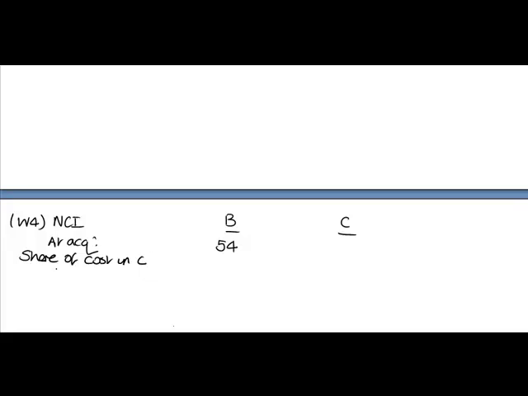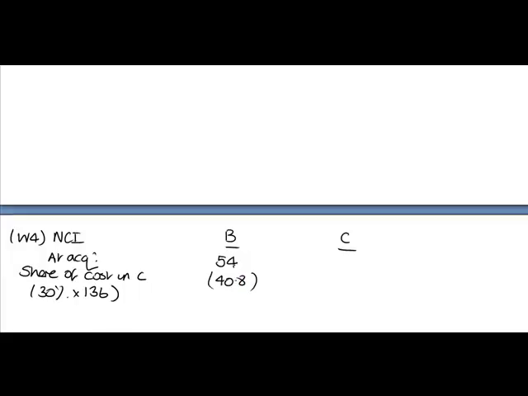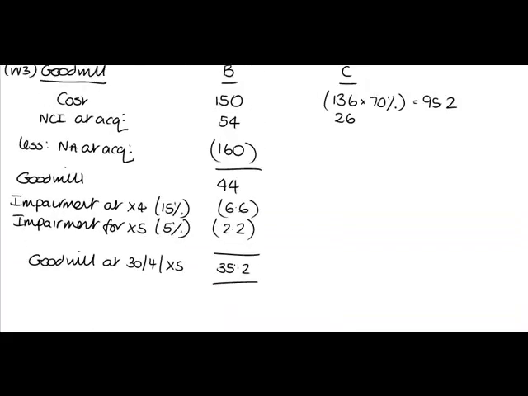This would be the NCI calculation for the SFP, 30% times 136. So we would take away 40.8, like so. In November X4, we sold 50% of Ceram for 90 million.